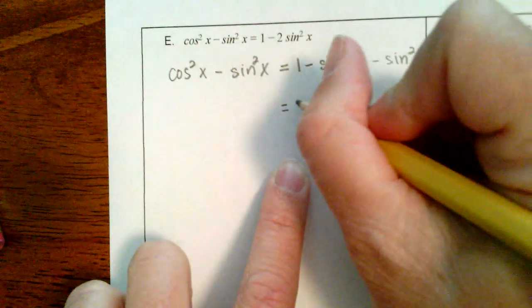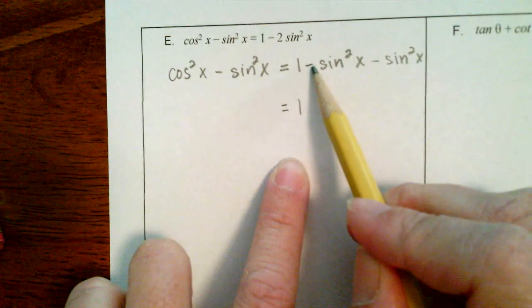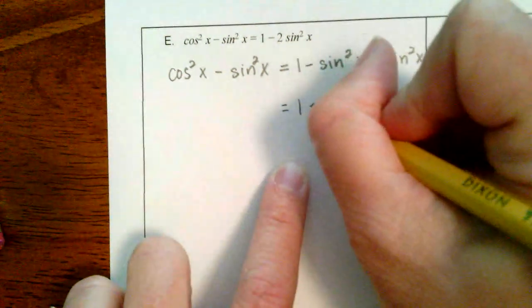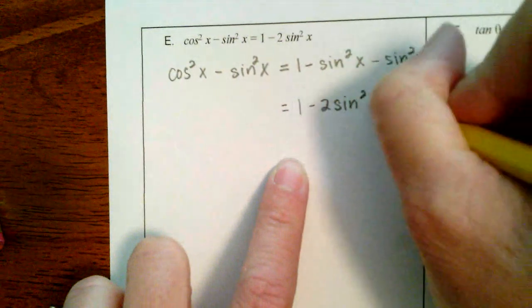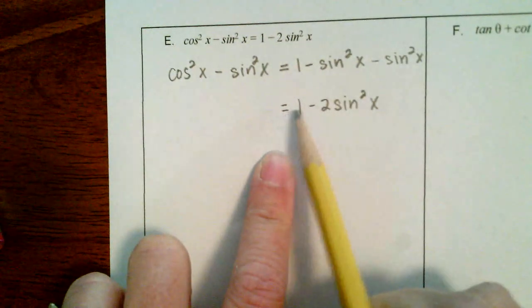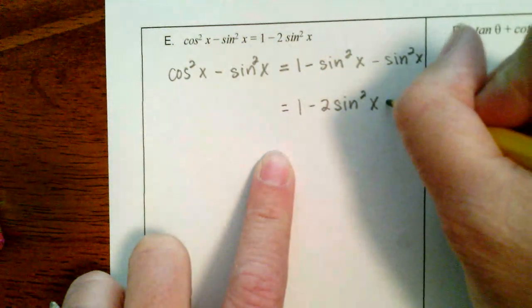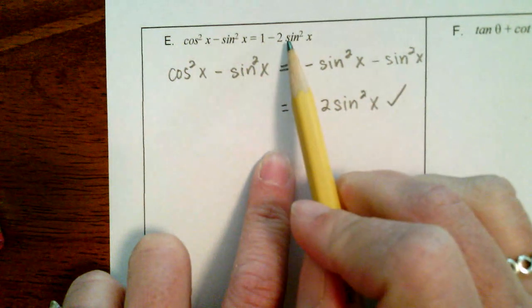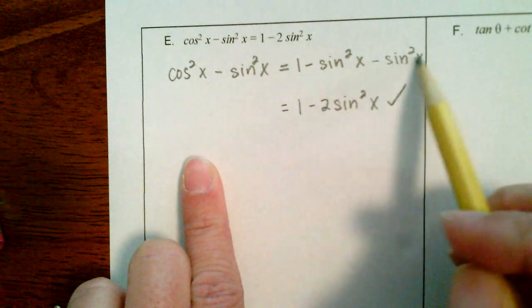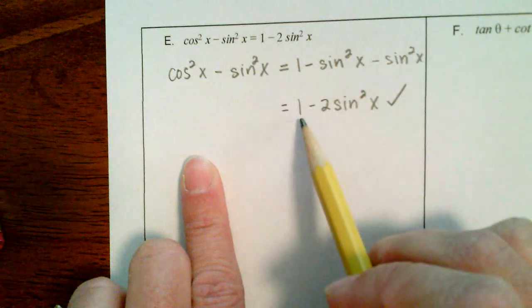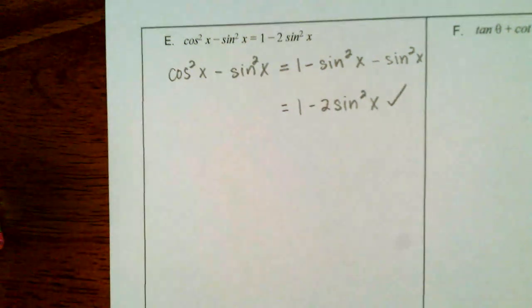So I still have my 1, and then minus 1 and minus 1 makes minus 2. These are like terms, sine squared of x. So 1 minus 2 sine squared of x, we verified because we have our starting point, we used equivalent algebraic expressions, and we have our finishing point.